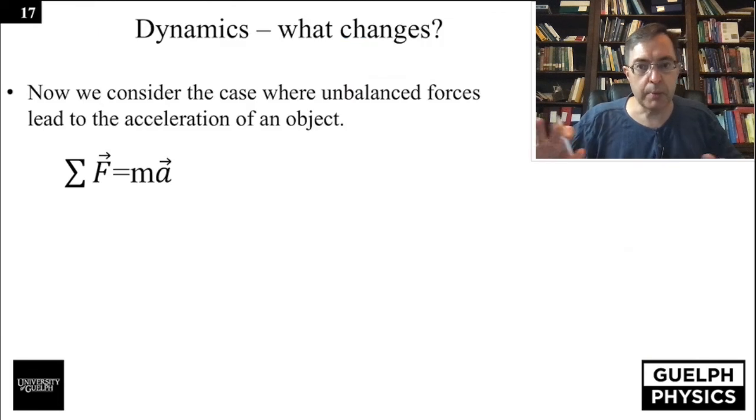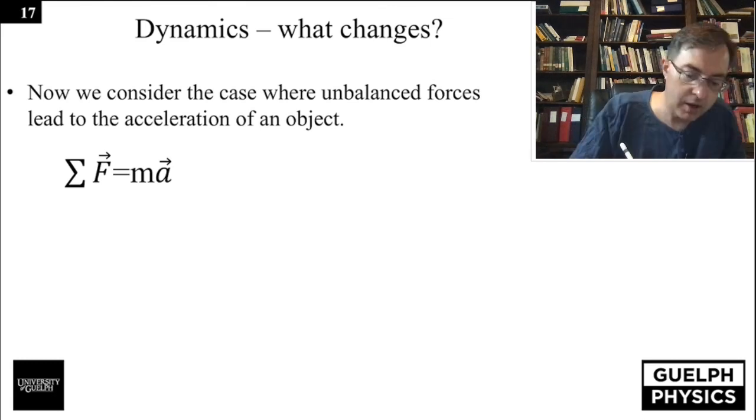Okay, so up till now we've been doing problems in static equilibrium where there is no acceleration and then also the velocity is zero. But we can now consider the case where there are unbalanced forces which can lead to the acceleration of an object.